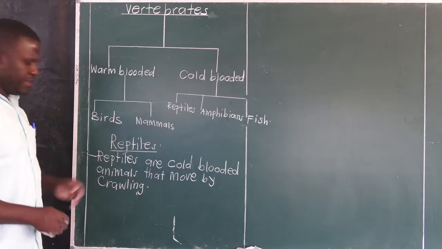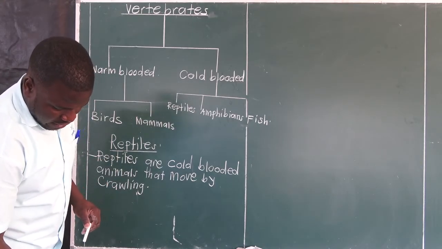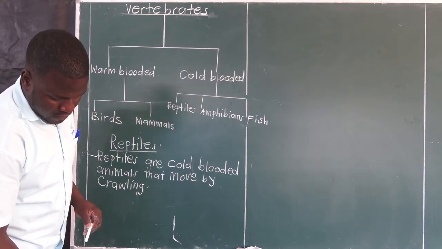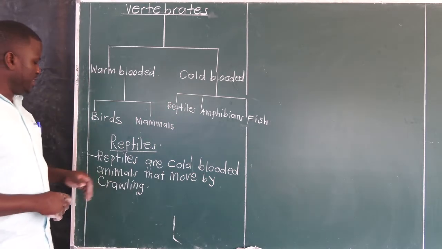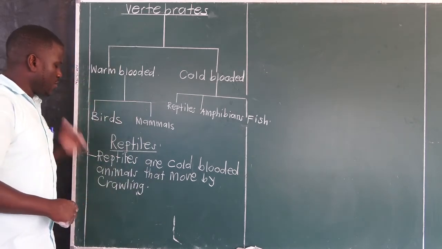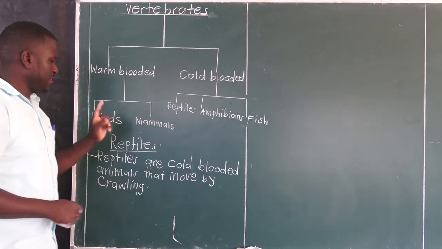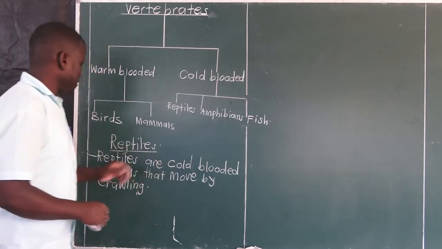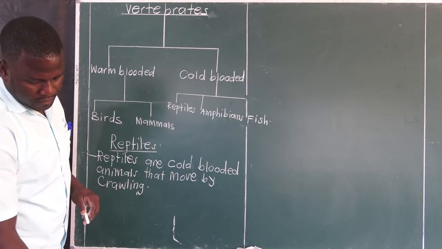Now, the word reptile comes from a word called reptilia, which means crawlers. So in other words, reptiles move by crawling. That's what we are saying. Reptiles are cold-blooded animals that move by crawling.